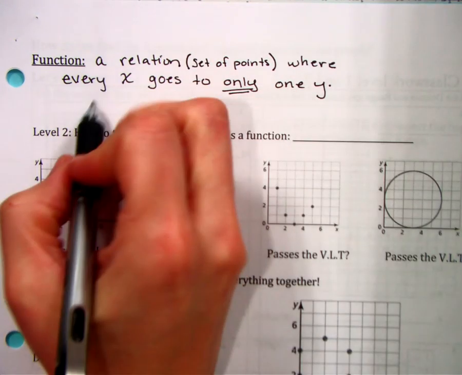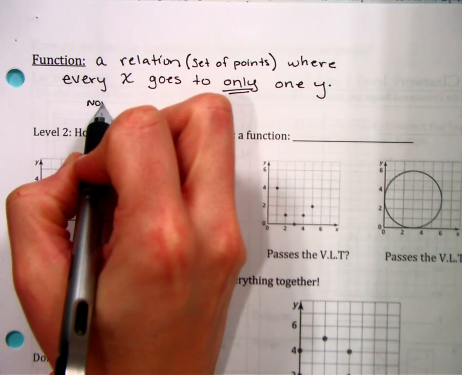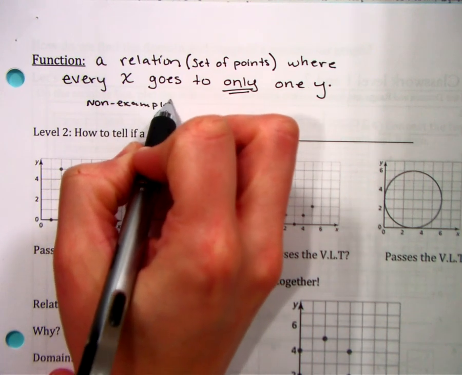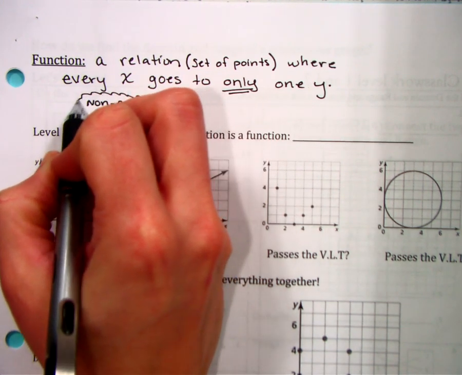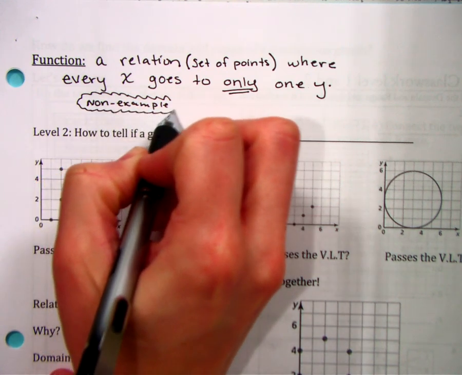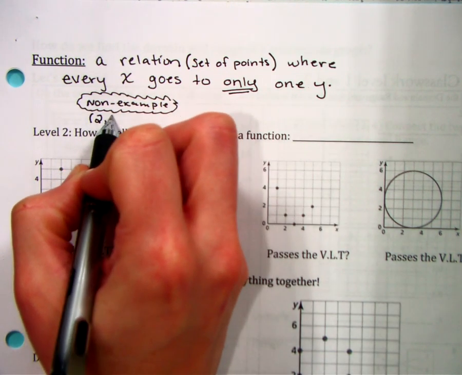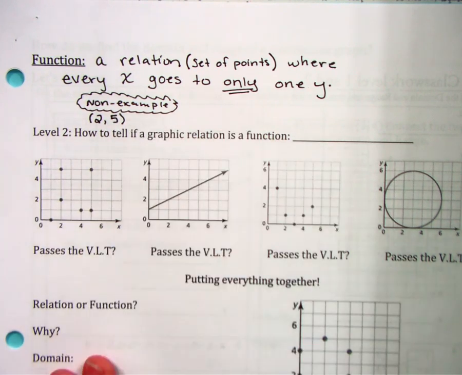So this is my non-example. This does not work. If I had the point (2, 5), that means when I put 2 into my function, the function knows to spit out 5.